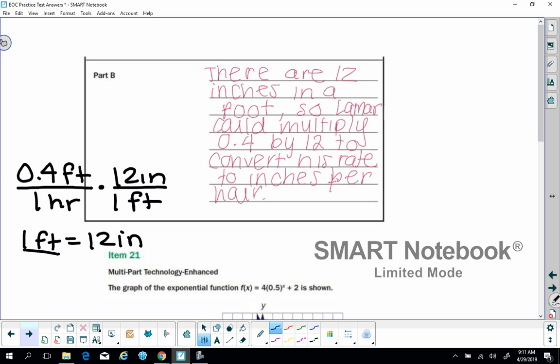And they want inches per hour. So let's make sure we end up with those units. Yes, we do. Now we multiply across, so 12 times 0.4 ends up getting me 4.8 over 1 times 1 is 1. And so your answer is 4.8 inches per hour.